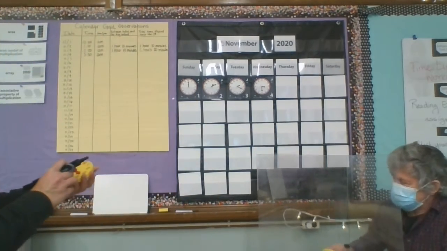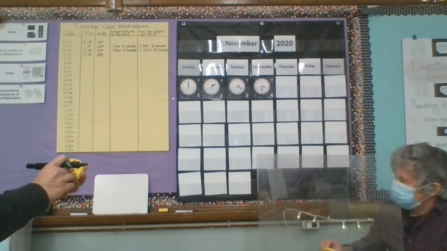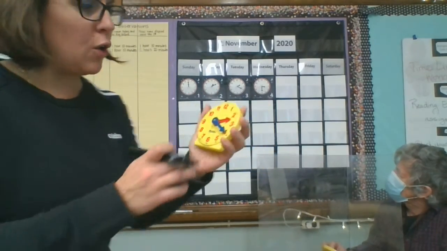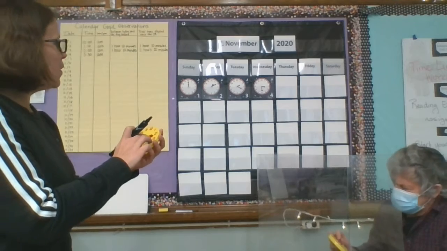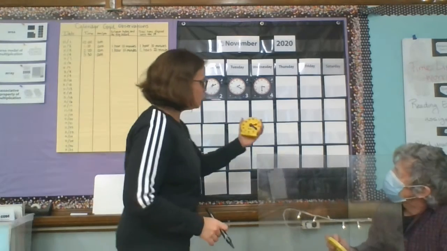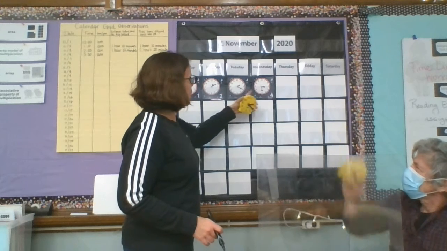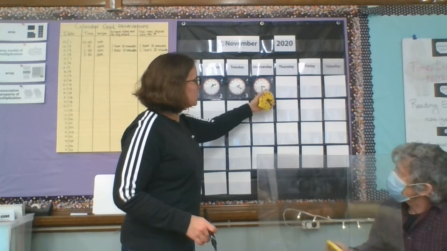Oops, nope, that's 3:40. 2:40. Is that 20? 2:20. Start at 2:20, Mr. M. 2:20, got it? And we're gonna go all the way around to 2:40 and see how much time's gone by.